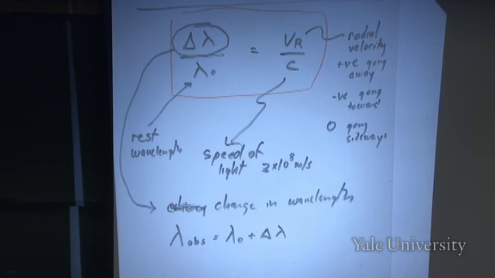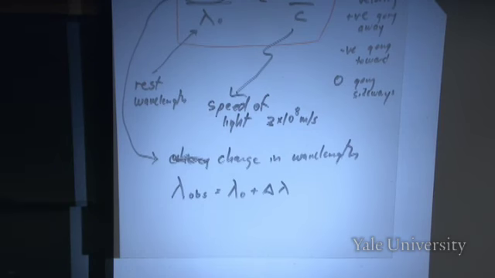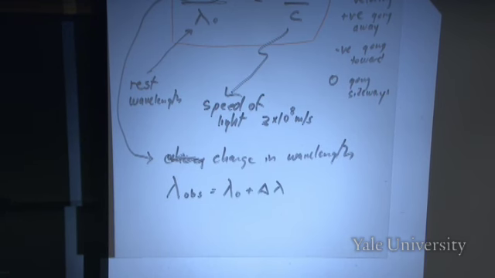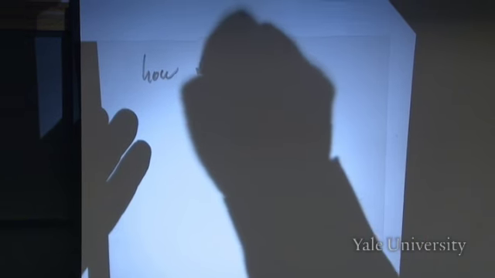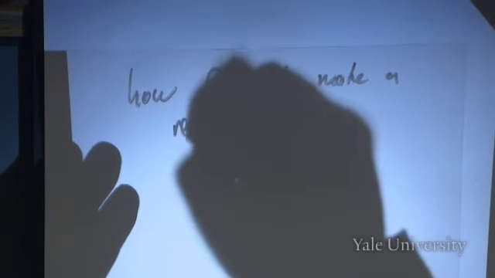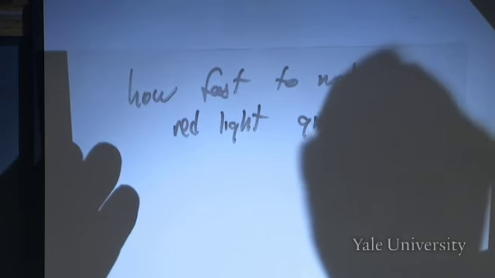All right, example. How fast do you have to go to turn a red light green? This is potentially useful should you ever be pulled over for running a red light. You can just say it looked green. How fast to make a red light green?